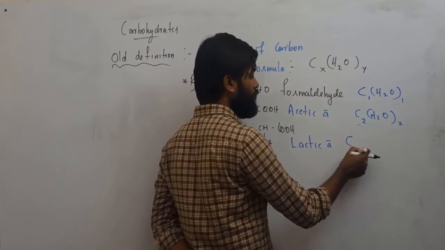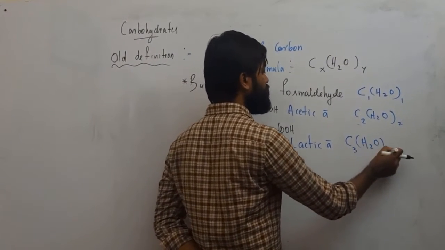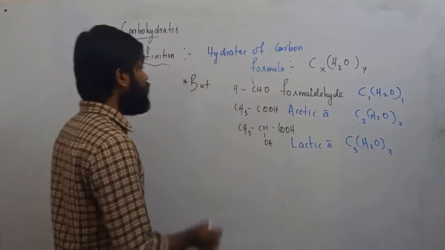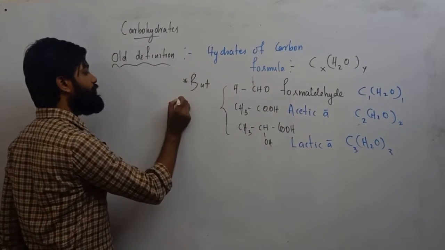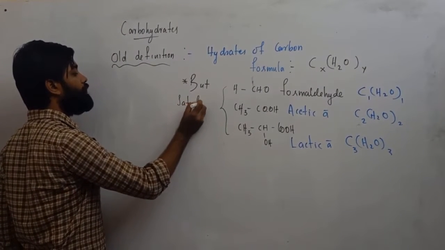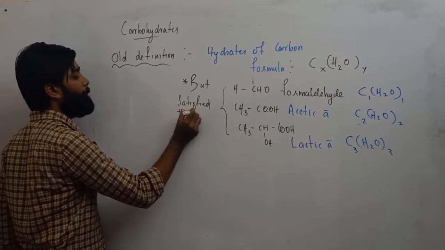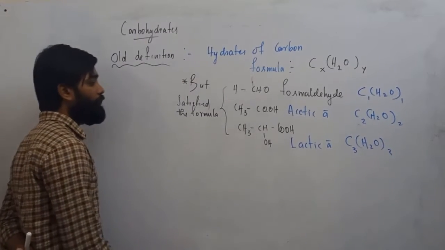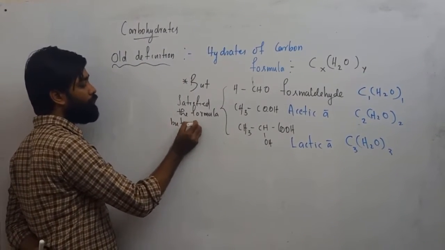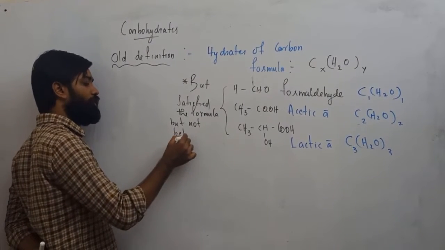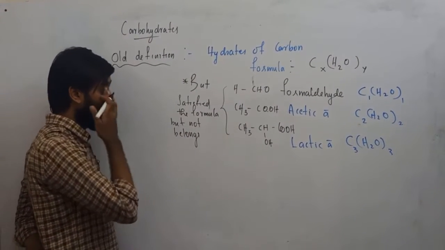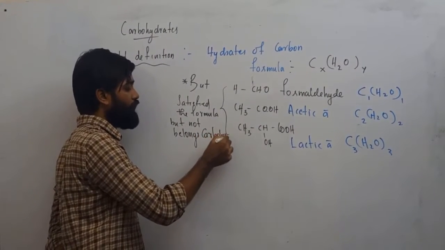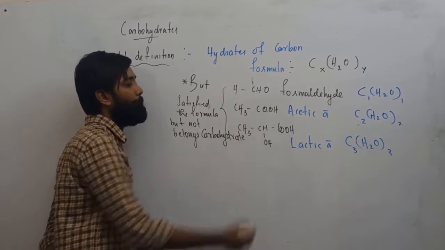Lactic acid also satisfies the formula, C3H2O3. These all satisfy the formula of hydrates of carbon, but they do not belong to carbohydrates. They are entirely different compounds, aldehydes and carboxylic acids. So this is not a carbohydrate, but it satisfies the formula.